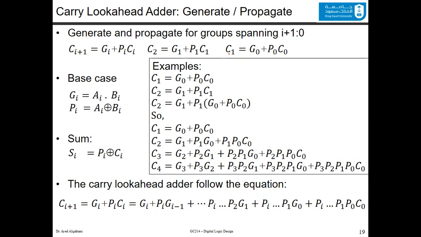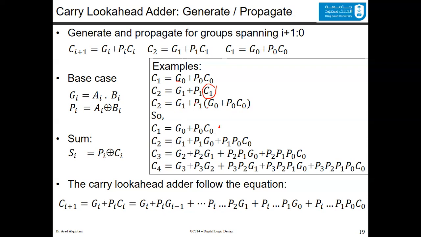The C1 is already ready. We just copy it. The C2, we copy it from here based on this equation. And then we notice that we have C1 here. So we take the C1 out and we substitute its value here to get the C2. Now we have C1 already ready to be used.